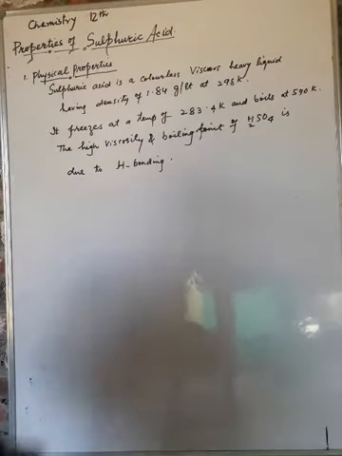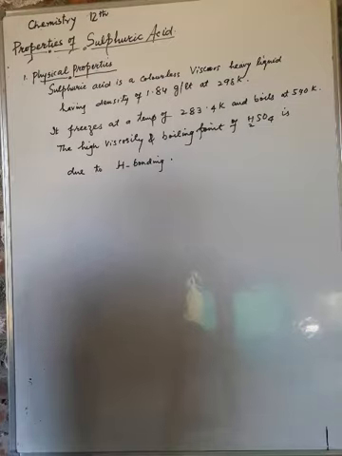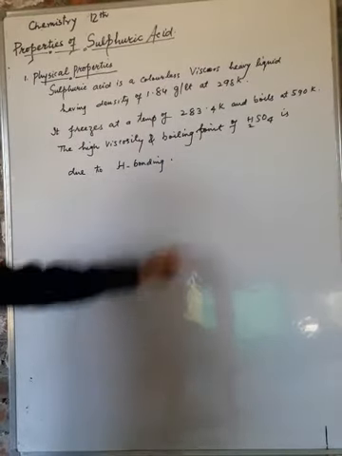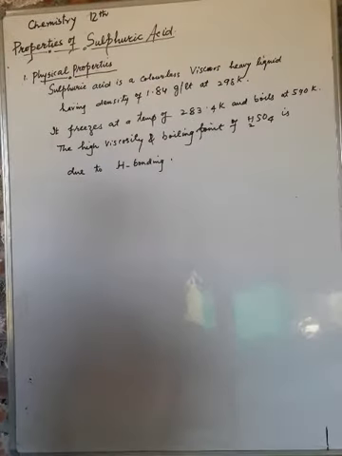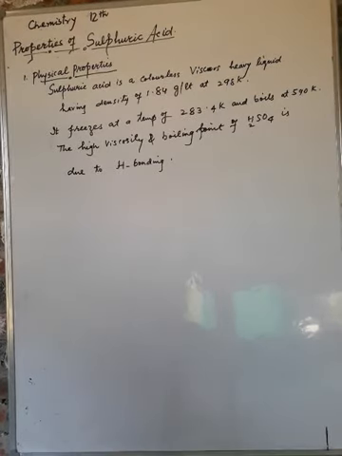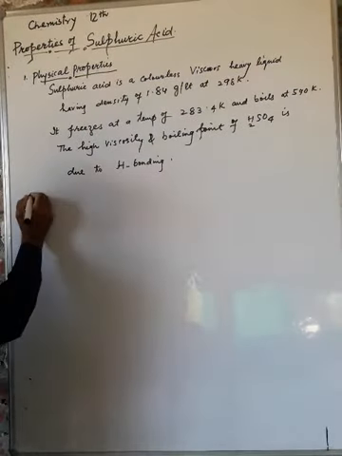This viscosity or high boiling point arises due to the hydrogen bonding that occurs in sulfuric acid. These are some of the physical properties of sulfuric acid, and also it fumes in moist air.